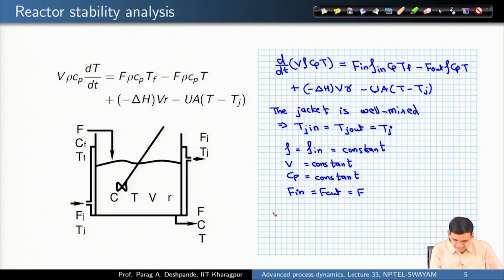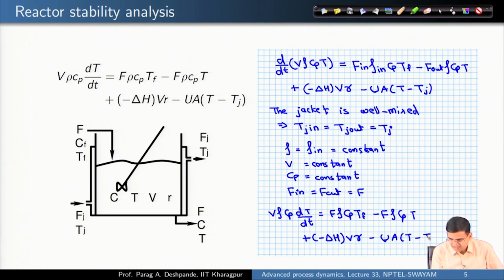If this is the case, then you simply write this as V times rho times Cp dT by dt is equal to F rho Cp T feed minus F rho Cp T, the temperature of the reaction mixture, plus minus delta H times volume times R minus UA (T minus T jacket).